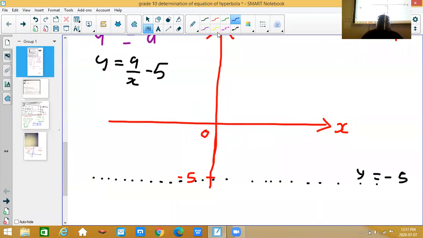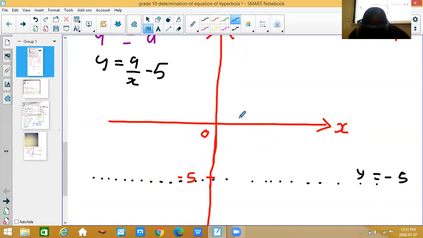Since we are talking about first and third, in this particular case here, we are going to have our graph. Now, our new center has moved to this point, right?